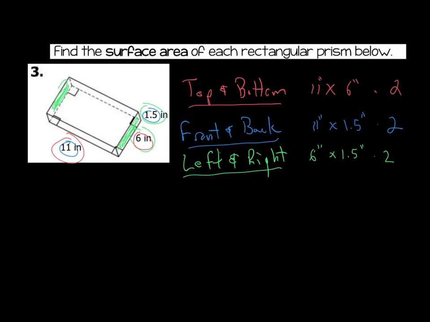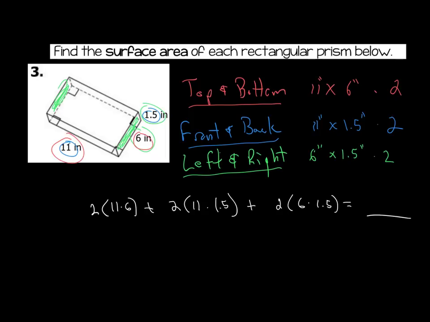And now we're just going to go ahead and slowly do the multiplication. So that's 2 11 by 6s, added to 2 11 by 1.5s, added to 2 6 by 1.5s.